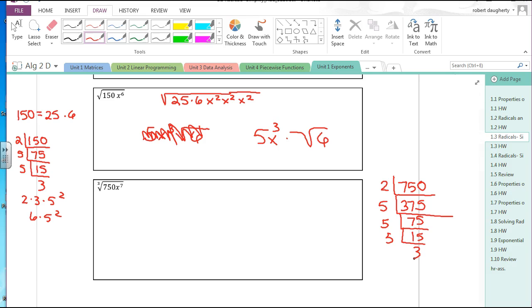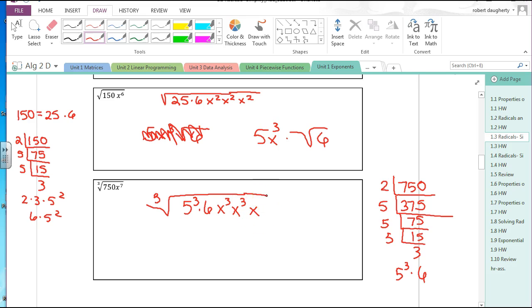So this is 5 cubed times 6. Okay? So I've got the cube root of 5 cubed times 6. How do you think I'm going to write x to the 7th? x cubed times x cubed times what?